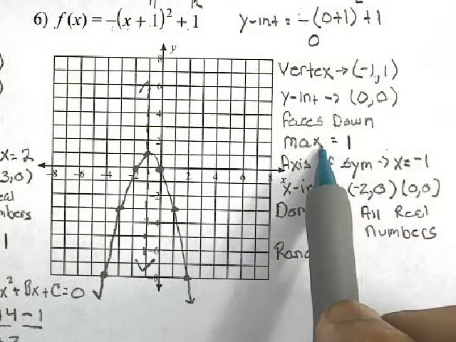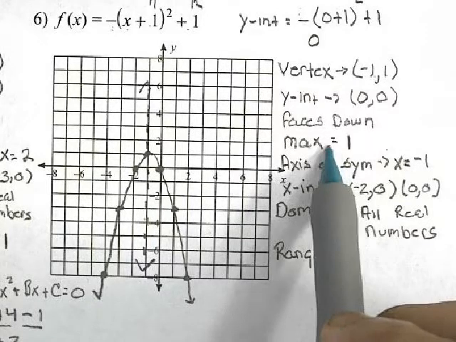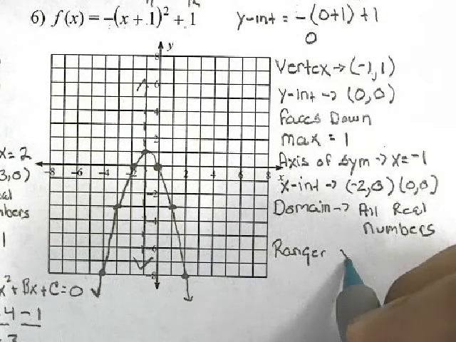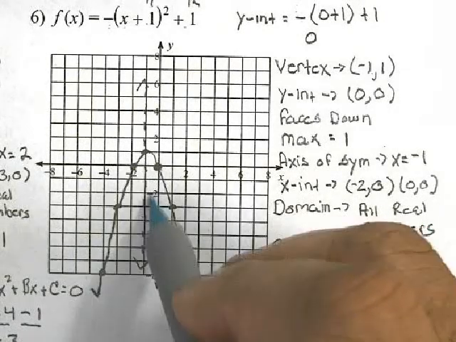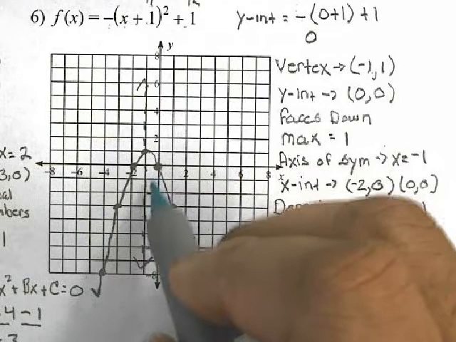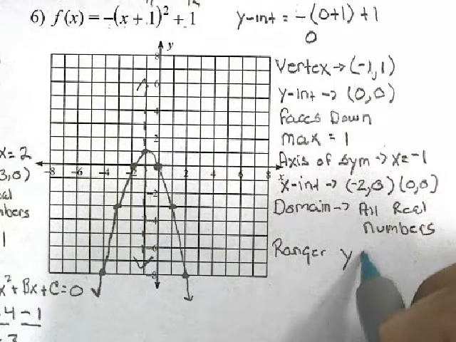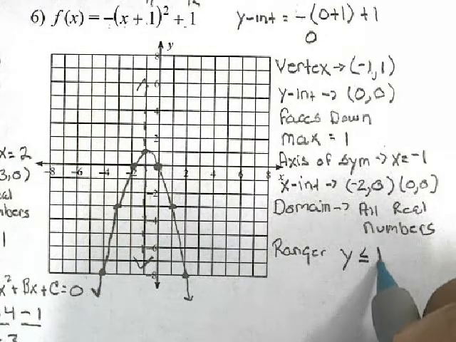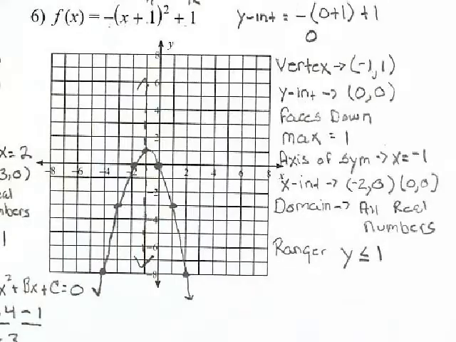We have a max value of 1. That means that's the highest y value we can have. So, y, all the numbers on the y-axis, you can look at it, it's going down, will be less than or equal to 1.